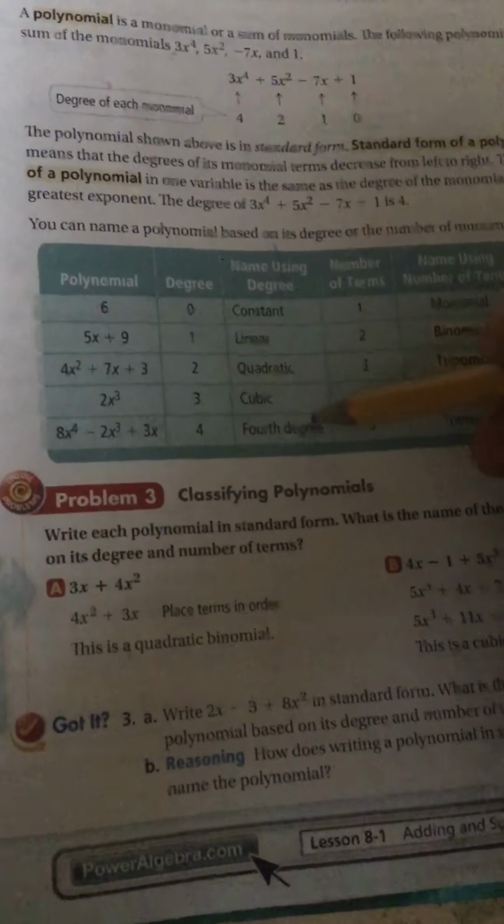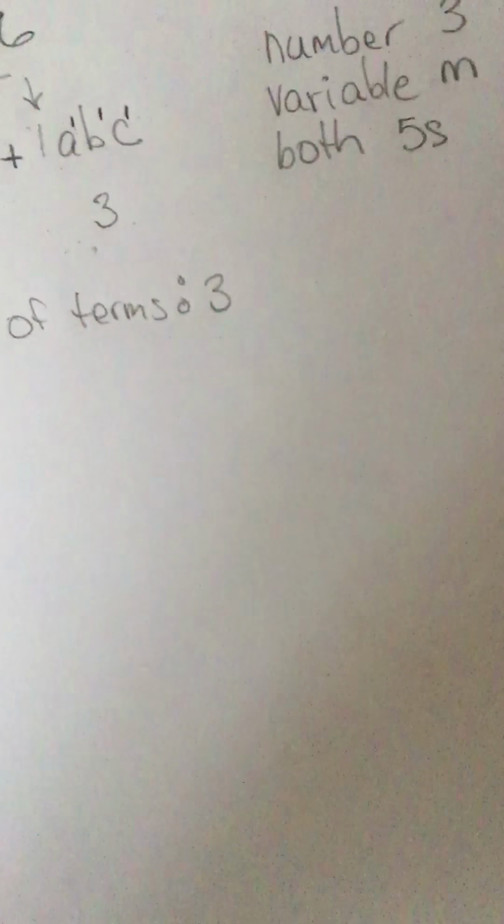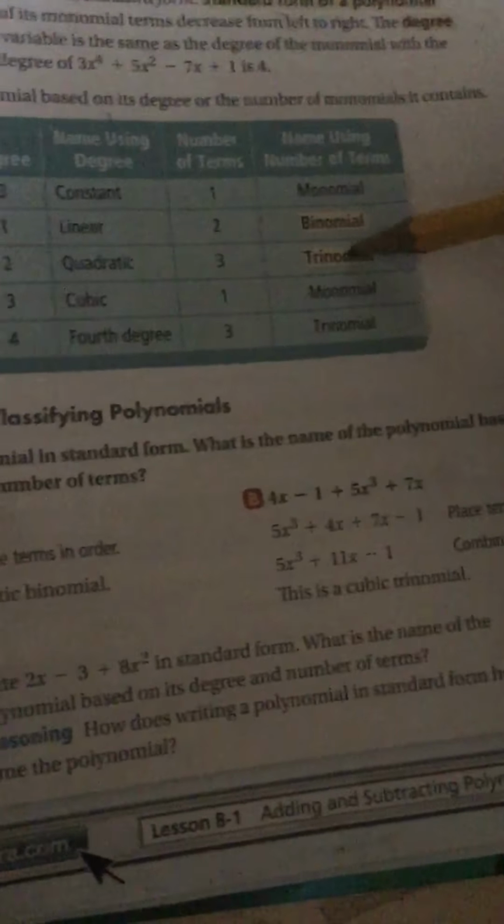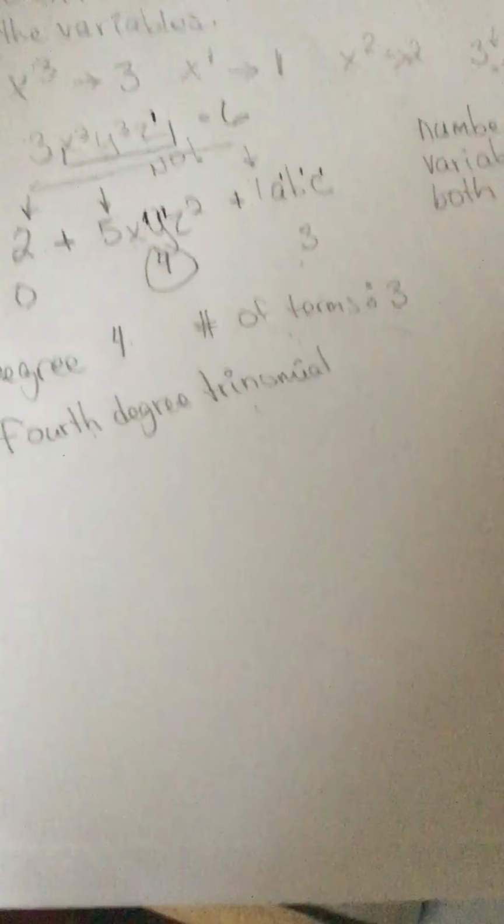So this is 4th degree. Make sure I spell it right. Yes, I did. All right, so that's the first name part. The last name part, number of terms, is 3. So I know 3 is a trinomial. So this is a 4th degree trinomial.